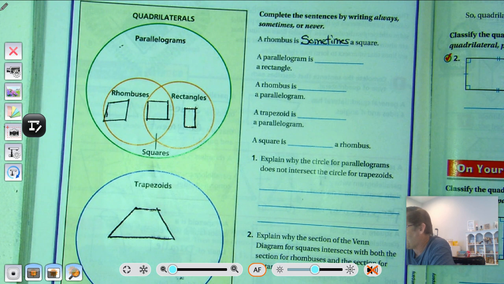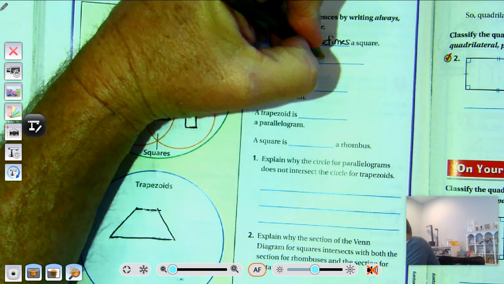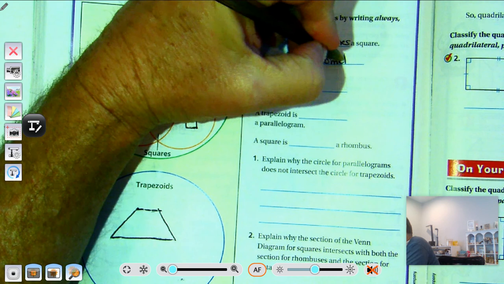A parallelogram is blank a rectangle. Always, right? Oh, no, I'm sorry. No, I can have a parallelogram that doesn't have right angles, right? Yeah. So sometimes is a rectangle.